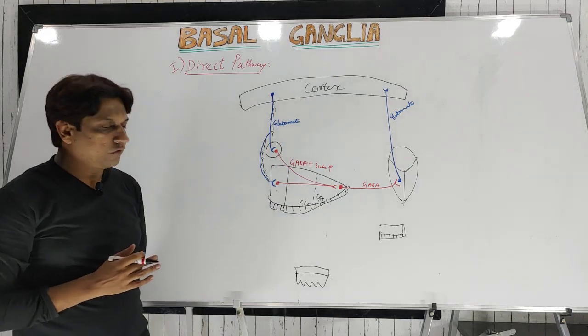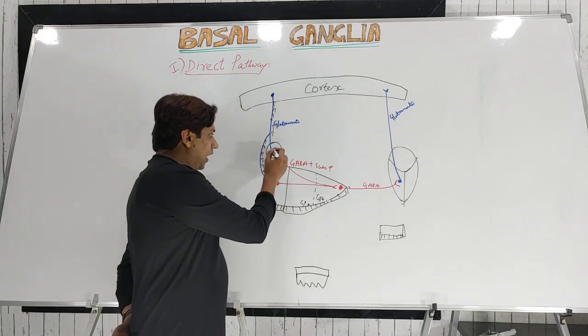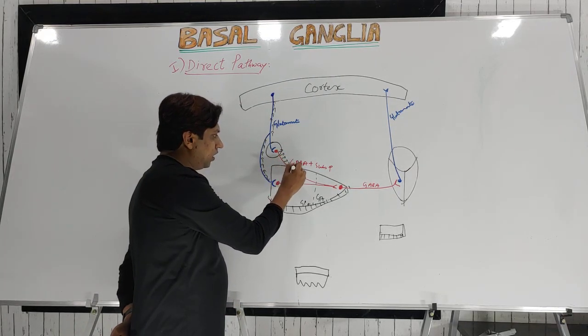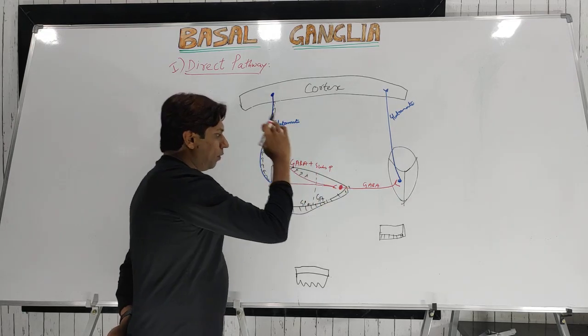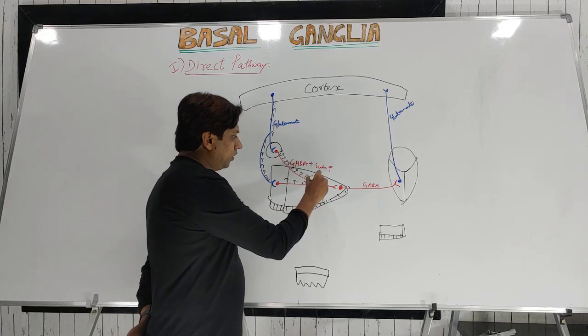Glutamate is an excitatory neurotransmitter, so it increases the action potential in the neurons of the striatopallidal pathway.